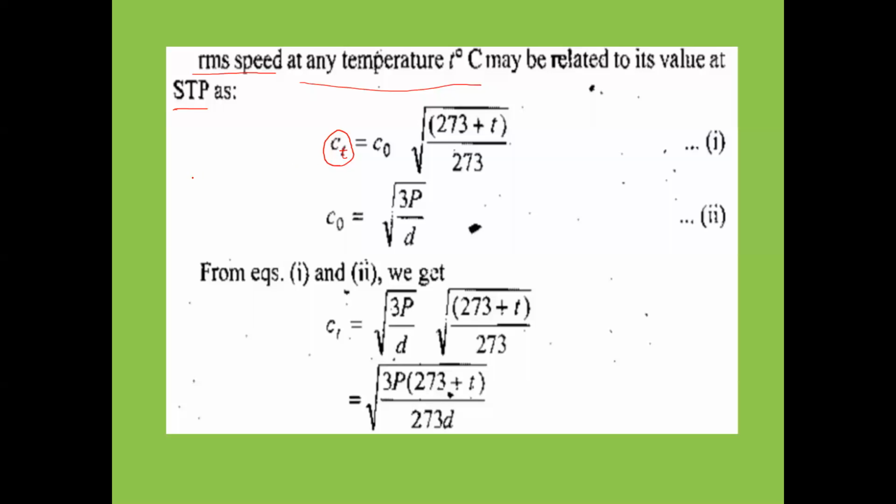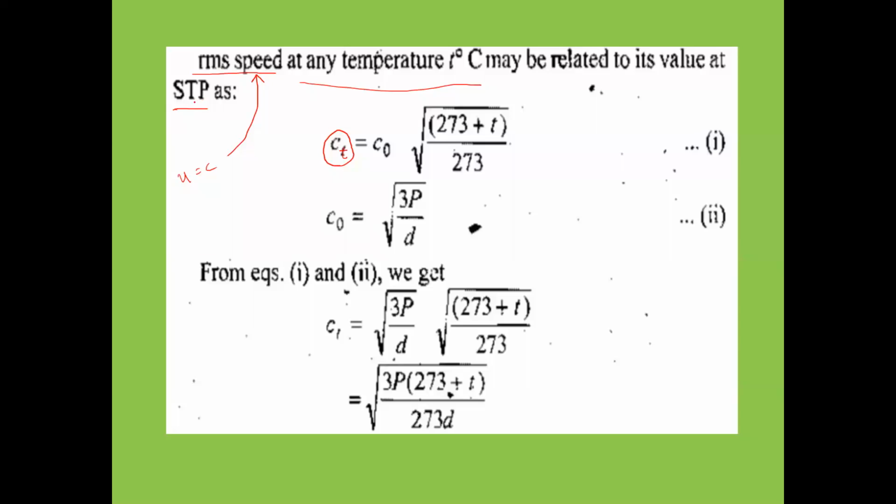As I told you yesterday, U or C, either can be used for RMS velocity. Here we have used C. So the RMS velocity at t degrees Celsius is related to the RMS velocity at 0 degrees Celsius. STP means standard temperature, 0 degrees Celsius.